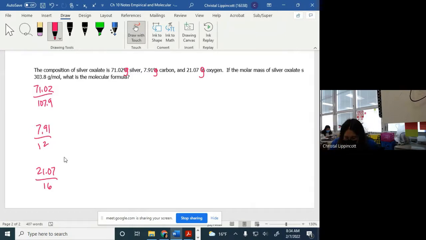21.07 divided by 16. There's so many zeros in. 5.658. So it's 1, 1, and 2. Because we're going to divide this by 658. Oh, this one's 2.